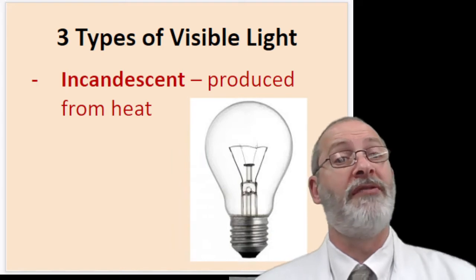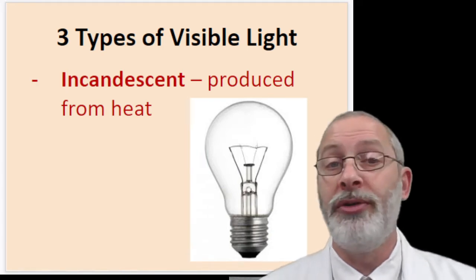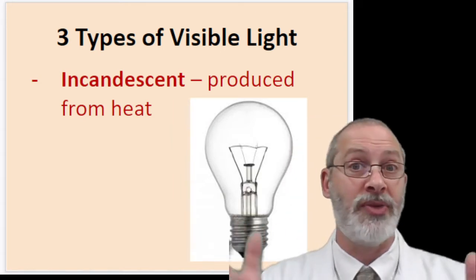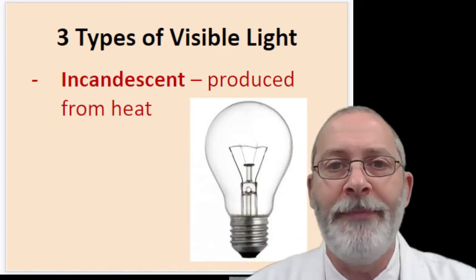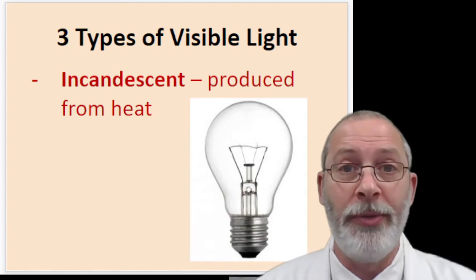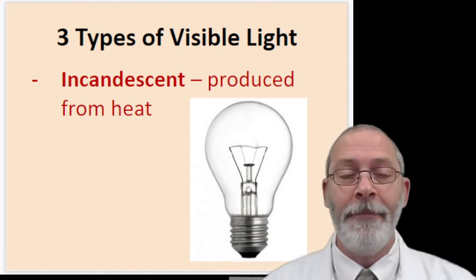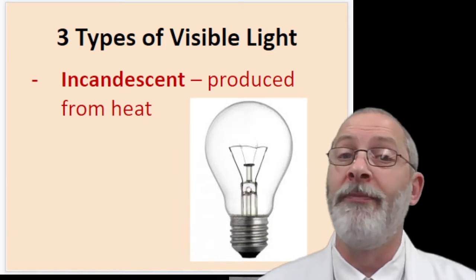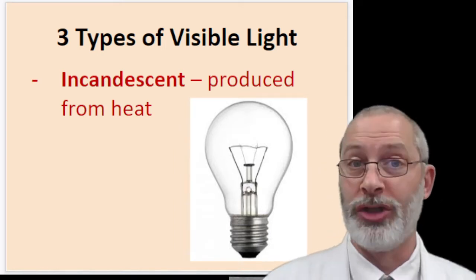Other sources of natural light could include fires. Candle flames emit light. But in the last 100 years or so, maybe 140 years now, human beings have developed some forms of artificial light.